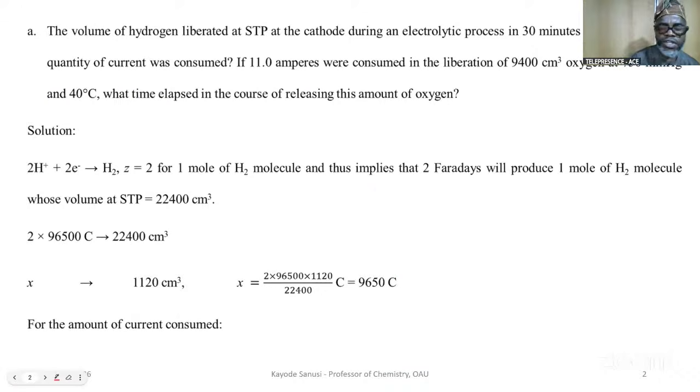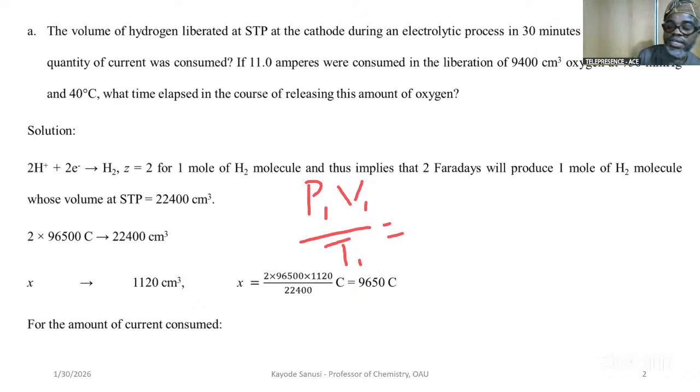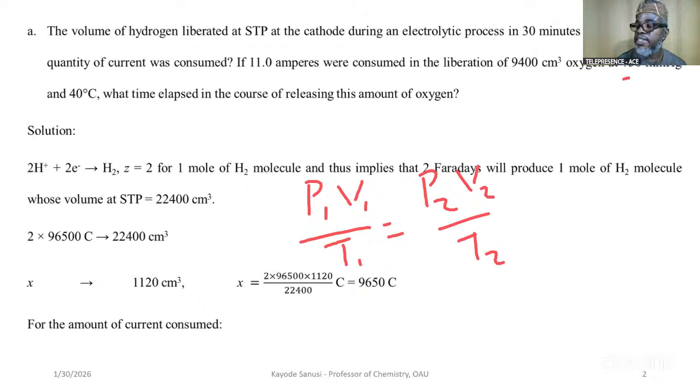760 millimeter of mercury. So you are going to use the combined gas law to determine the volume that 9400 will be equivalent to if the experiment were to be performed under standard condition, which is P2 V2 over T2. So P1 is 750 millimeter of mercury, your V1 is 9400 cubic centimeter, and your T1 is 40 degrees Celsius.